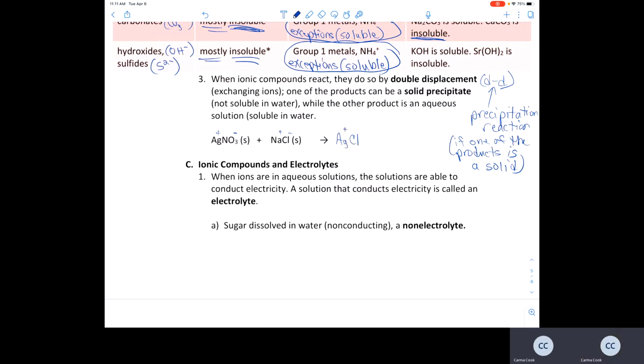And so by using my charges, I'm ensuring that I'm writing my ionic compound formula correctly. So silver stole the sodium Na+'s partner, the chloride ion. So now the sodium is lonely and needs a new partner. And the nitrate got kicked out by the silver. So now the sodium and the nitrate are going to pair up.